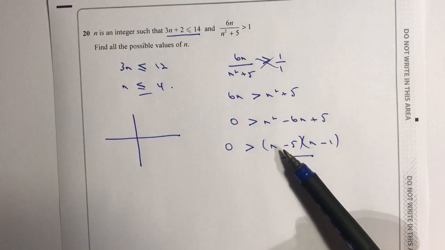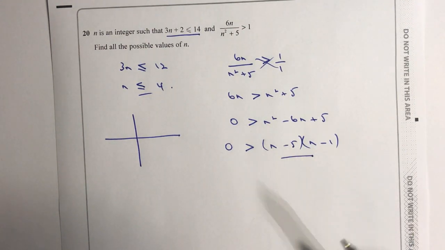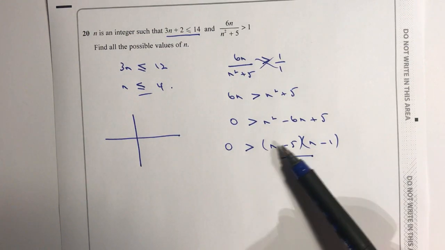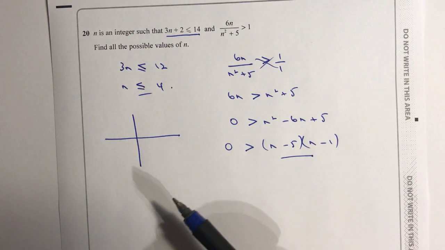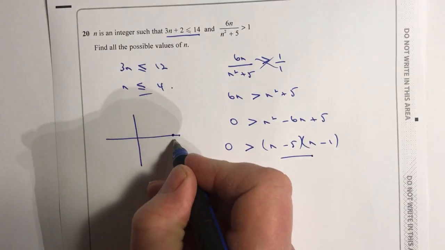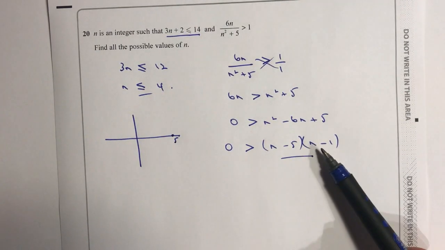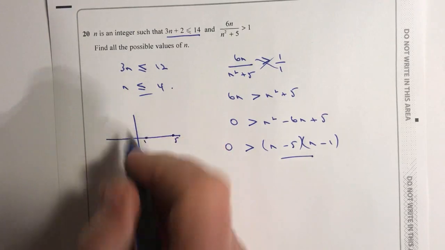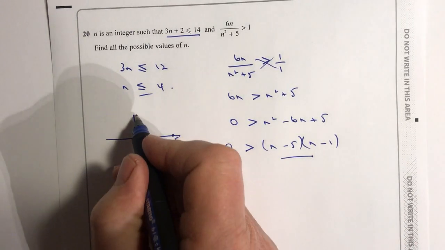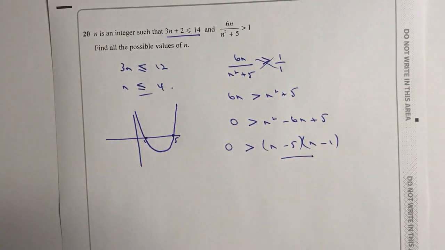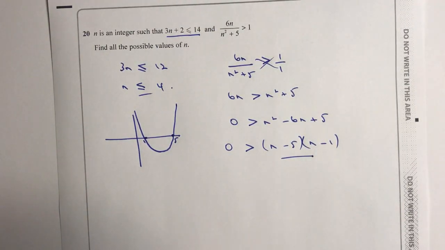This means the roots are going to be plus 5 and plus 1, because if I make that equal to 0, n minus 5 equals 0, so n must be 5, and n must be 1. So what I've got here is a quadratic that goes like this. Again, it's only a little bit of a sketch.